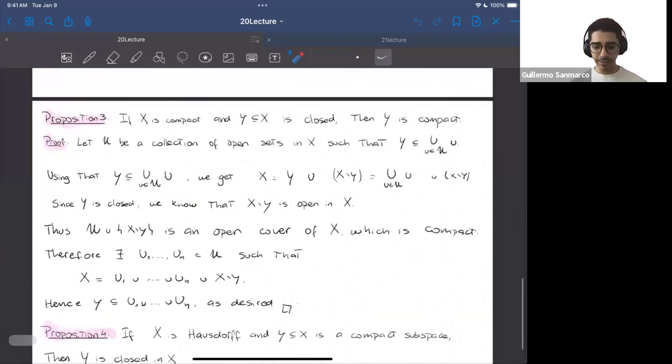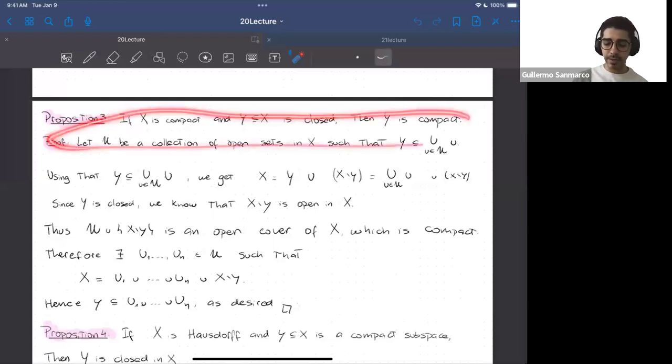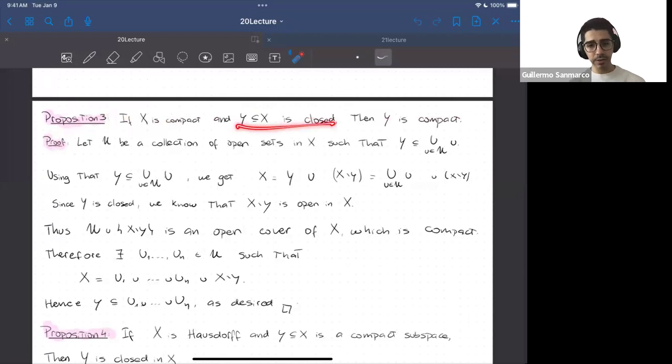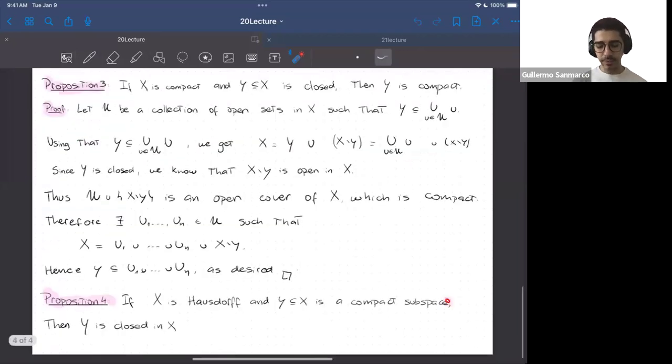So one that was very nice, the proof was very instructive, was this one over here. You start with a compact space and some subspace that's closed. Then the subspace is also going to be compact. That's going to be very useful today. And another one, this is where we ended last time. If you take a Hausdorff space and you take something compact inside that ambient space, then it needs to be closed.